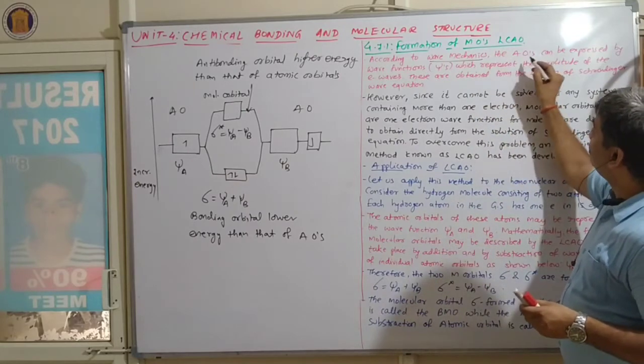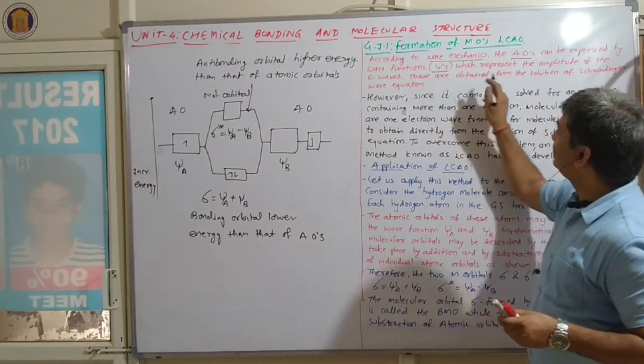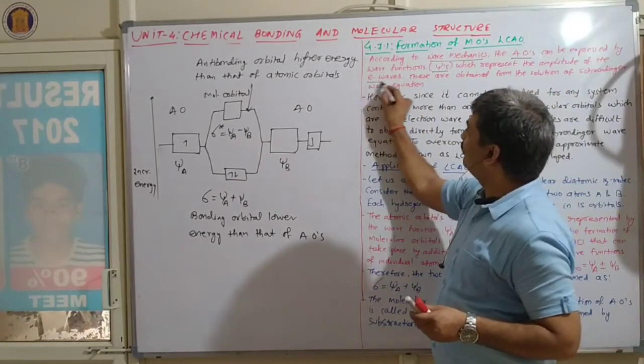According to wave mechanics, the atomic orbital can be expressed by wave function psi, which represents the amplitude of the electron wave.